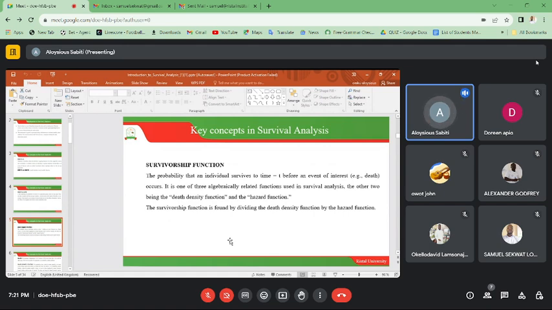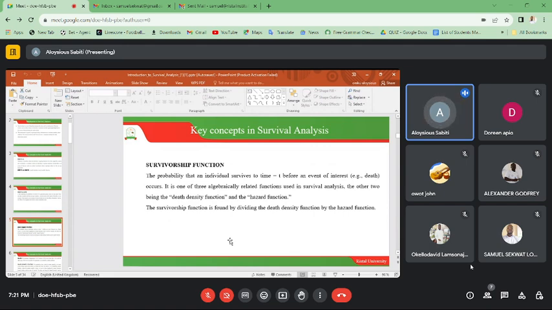The survival function is found by dividing the death density function by the hazard function, meaning we're looking at the possibility that someone will survive given the hazard function, that is, given the circumstances around, for example, taking into consideration disability adjusted life years.